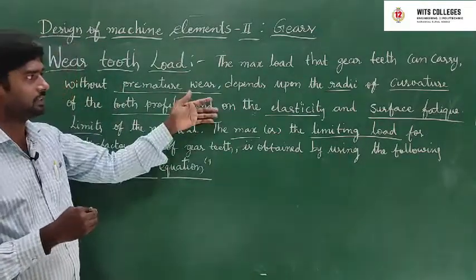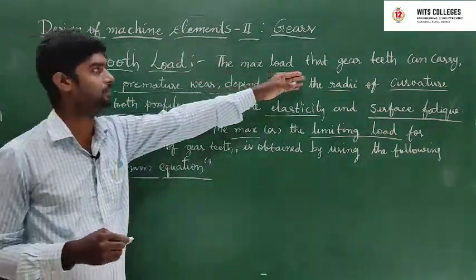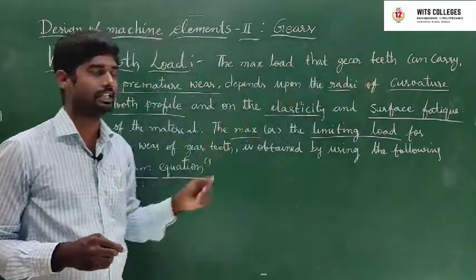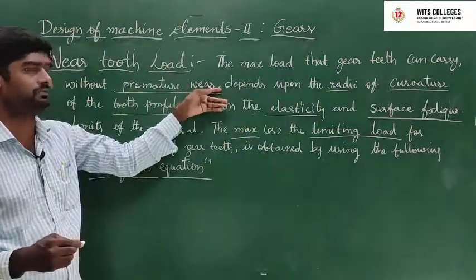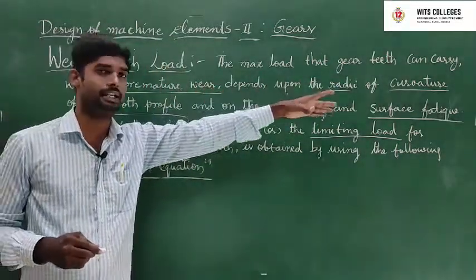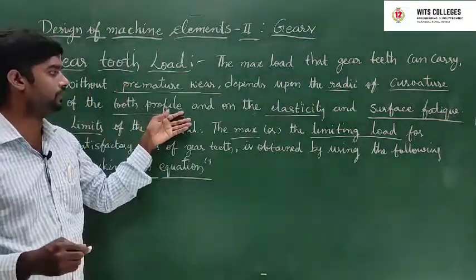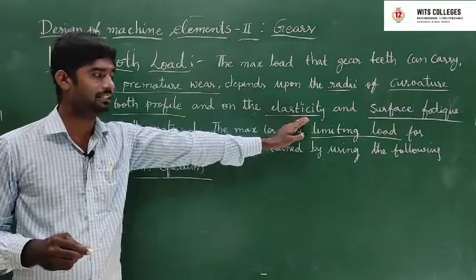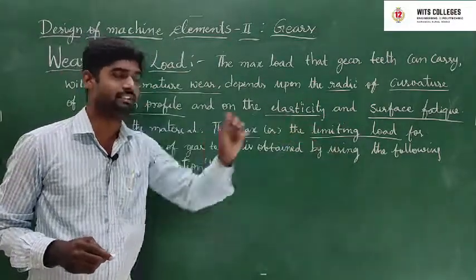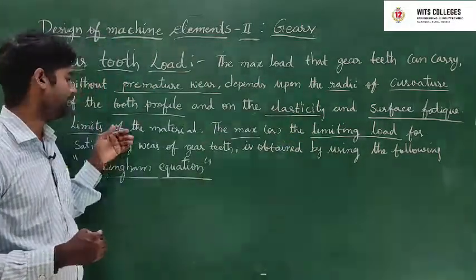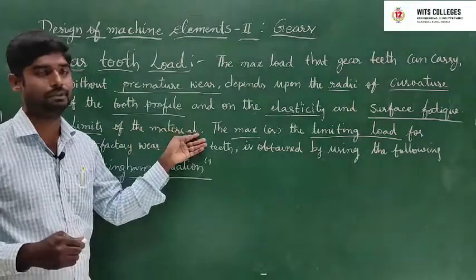In these conditions, the maximum load that gear teeth can carry without premature wear depends upon the radius of curvature of the tooth profile and on the elasticity and surface fatigue limit of the material.